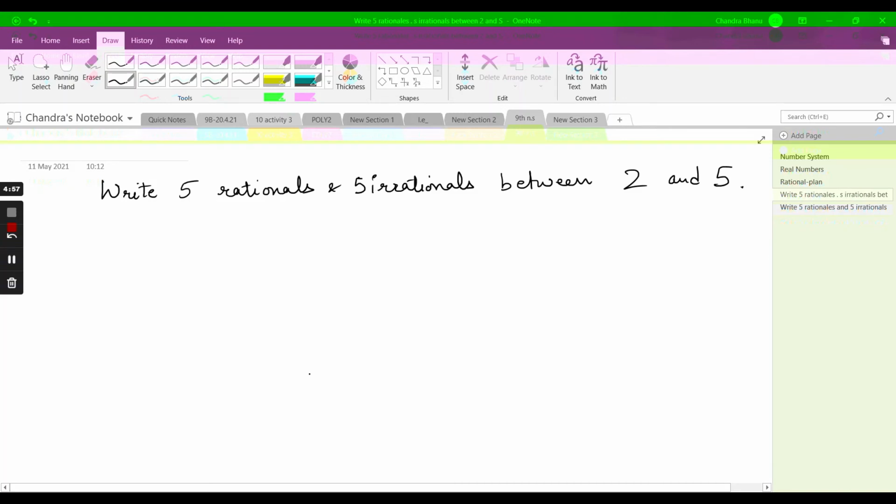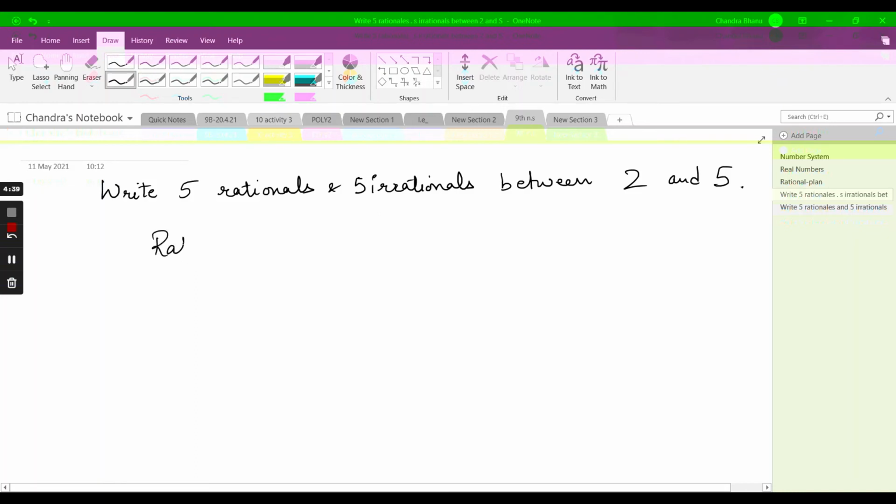Now let's discuss a question. We have to write 5 rationals and 5 irrationals between 2 and 5. When I'm talking about rationals, I can directly write them as terminating or non-terminating repeating. But here we'll generally write them as terminating.